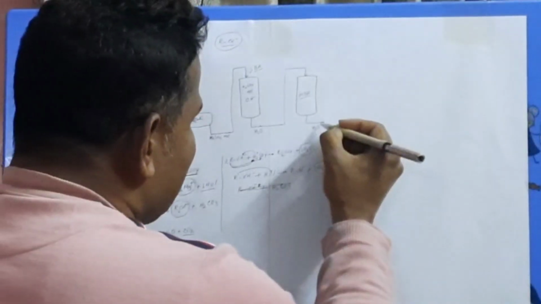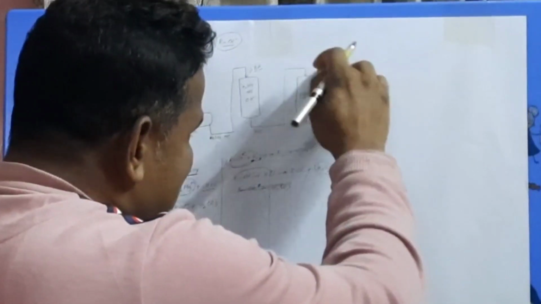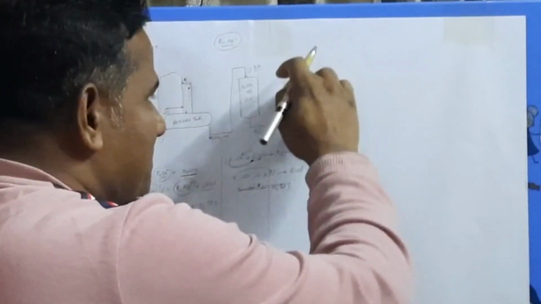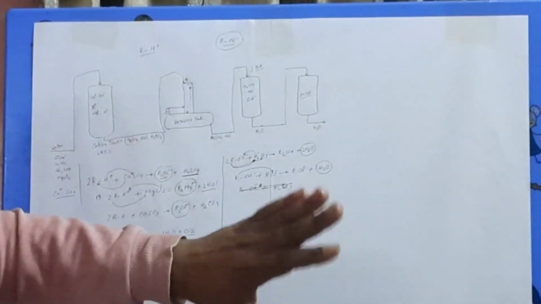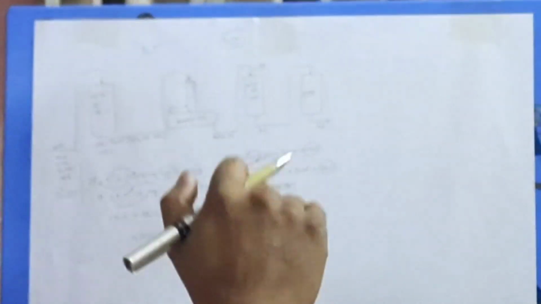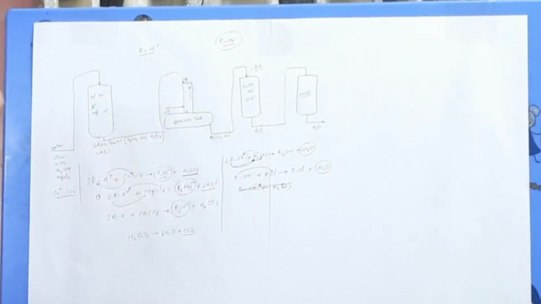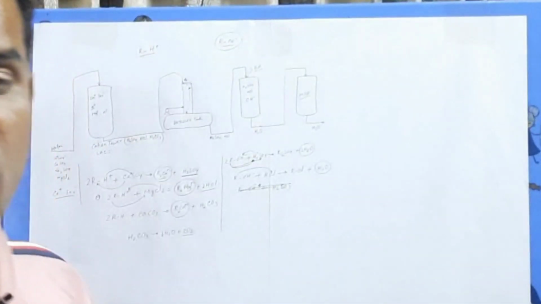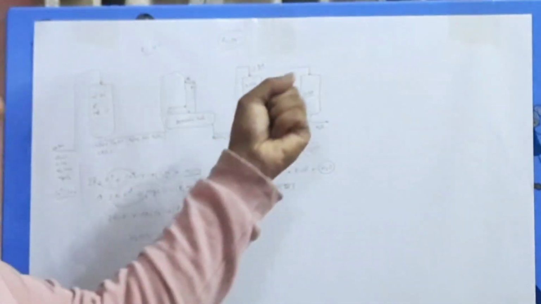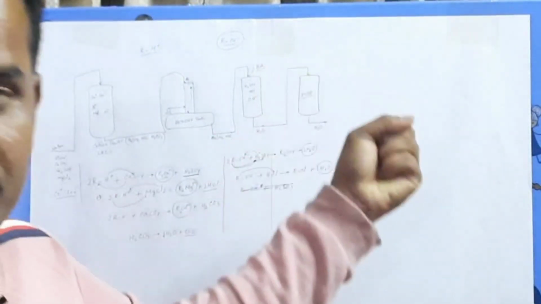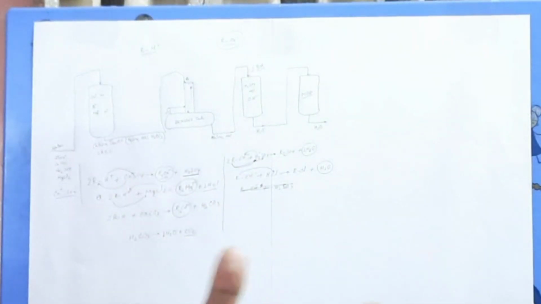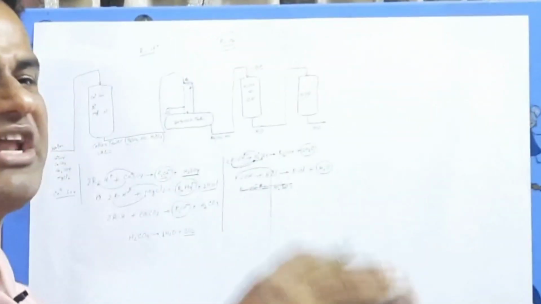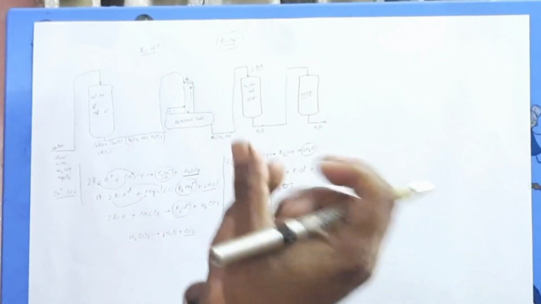So after passing through the MBP, the mixed bed polisher unit, maximum of all positive and negative ions will be absorbed in the MBP tower, where cation and anion resin are available. This cation and anion resin will absorb all impurities.